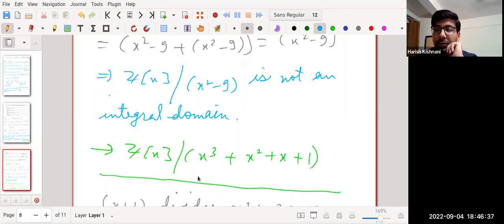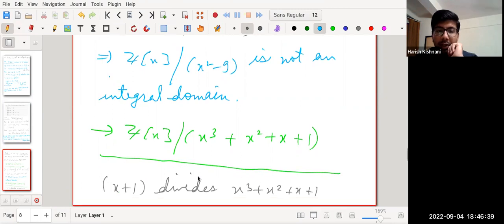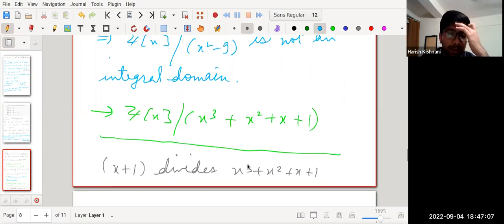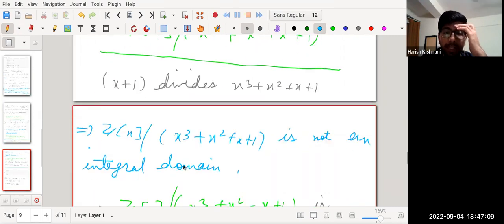Okay, so you can see if you put x equal to −1, then it is −1 + 1 − 1 + 1. So −1 is a root of this polynomial. Thus x + 1 is a factor of x³ + x² + x + 1, right? So this is a reducible polynomial. So if it is a reducible polynomial, it implies that this is not an integral domain.